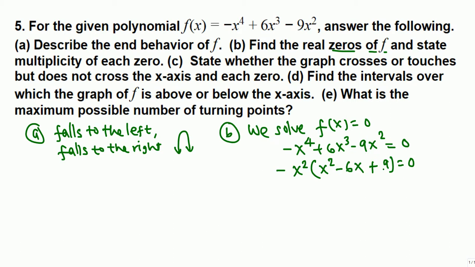Okay, we'll factor this further. So negative x squared, let's factor this trinomial, x squared, x, 9, 3 times 3, 9. So negative x squared times the quantity x minus 3, squared, equals 0.